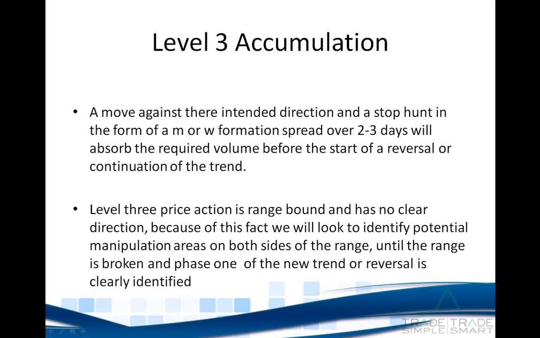So once smart money begin to see these orders build up around this 2 to 3 day accumulation zone, a move against their intended direction and a stop hunt in the form of an MLW formation spread over the course of 2 to 3 days will absorb the required volume before the start of a reversal or continuation of the new trend.